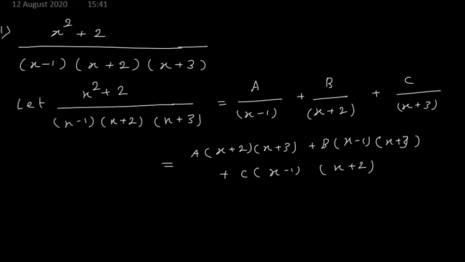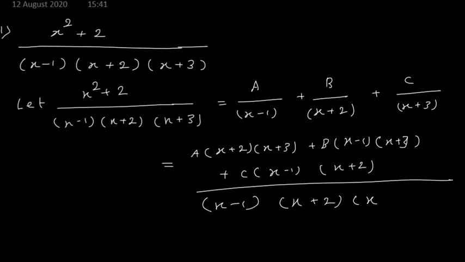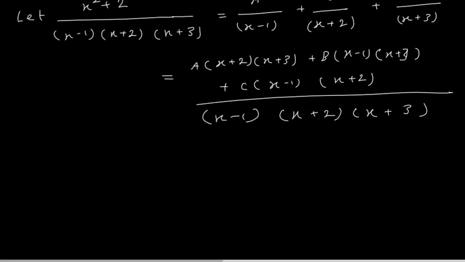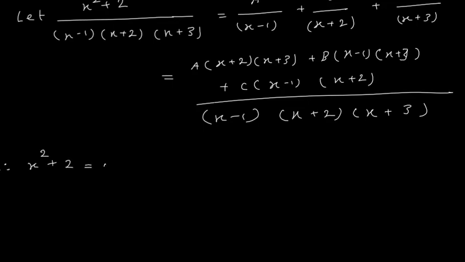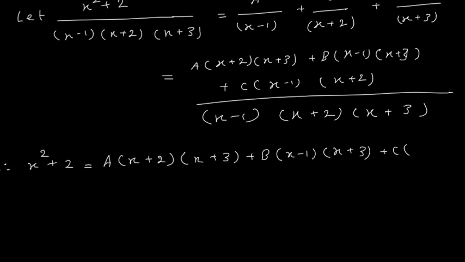Each term has the denominator x minus 1, x plus 2 and x plus 3. Now we cancel the denominator from both sides. Therefore ultimately I have x square plus 2 is equal to a into x plus 2 into x plus 3, plus b into x minus 1 into x plus 3, plus c into x minus 1 into x plus 2.